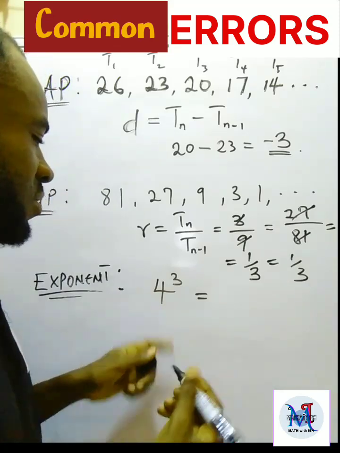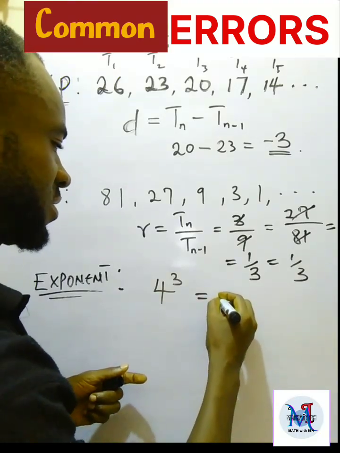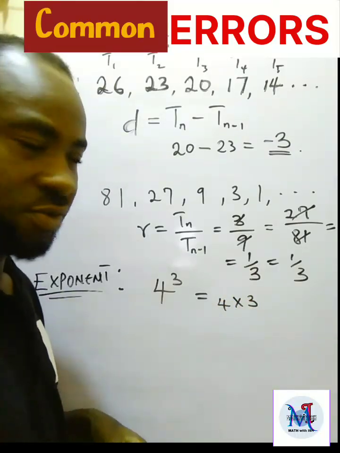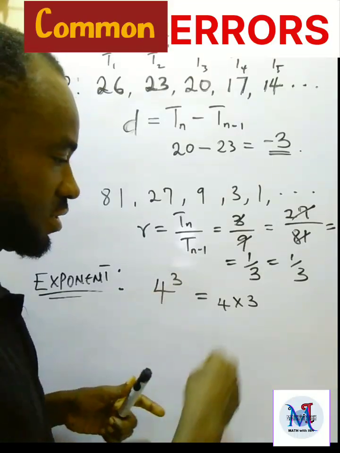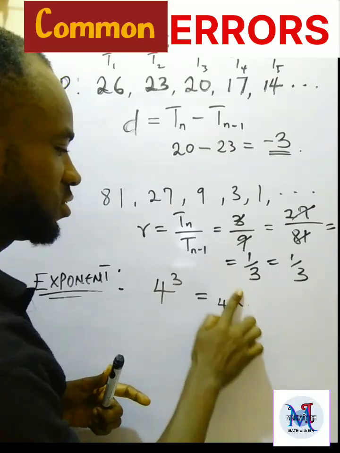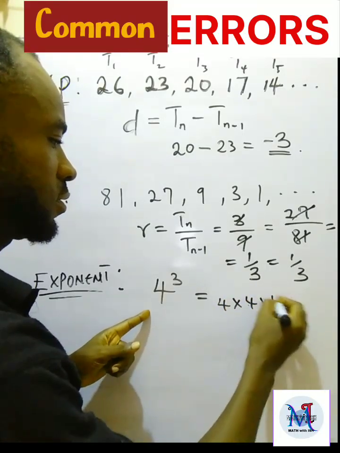Now for this one, this exponent, some students also write this as 4 times 3, which is also not accurate. The exponent, the power tells you that the base repeats, multiplies itself, okay, according to the number of the power. So this means 4 times 4 times 4.